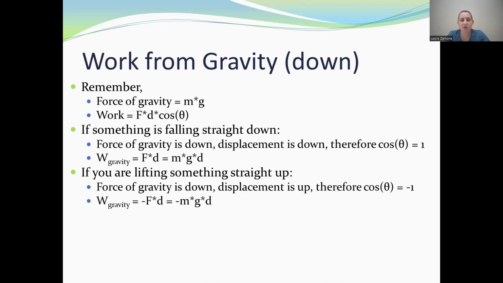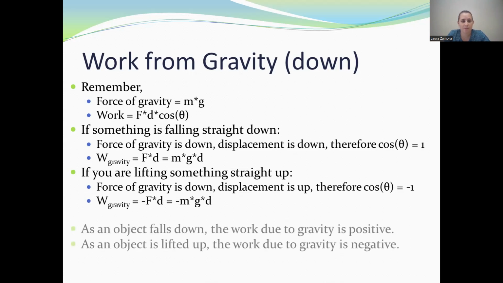It's just the opposite of that equation from before. That means as an object is falling down, the work due to gravity is positive. Gravity is assisting it in its fall. And as we're lifting an object up, the work due to gravity is negative. Gravity is taking energy out of that system as you're trying to lift it up.